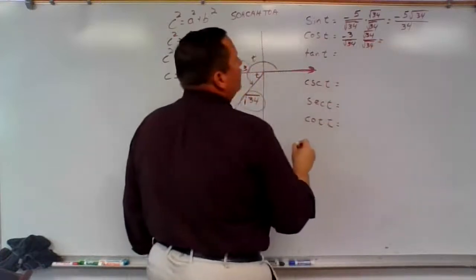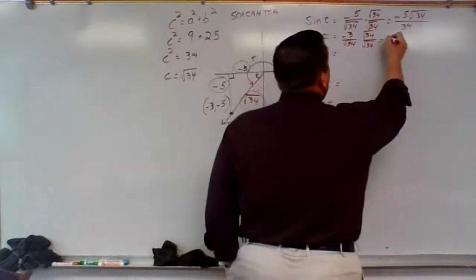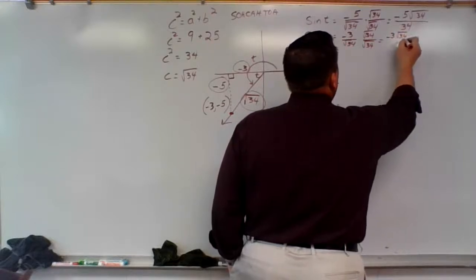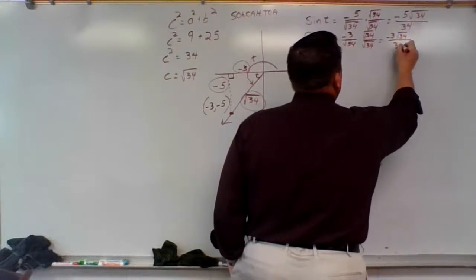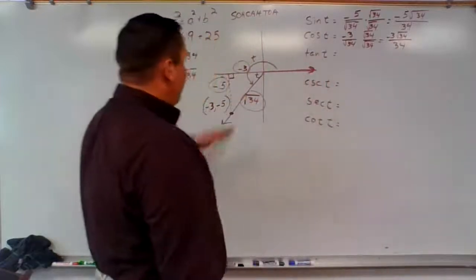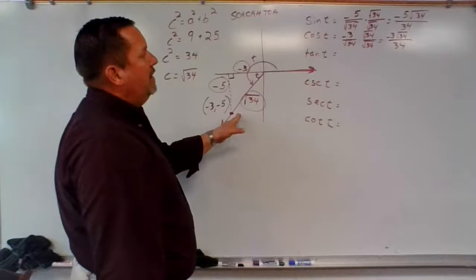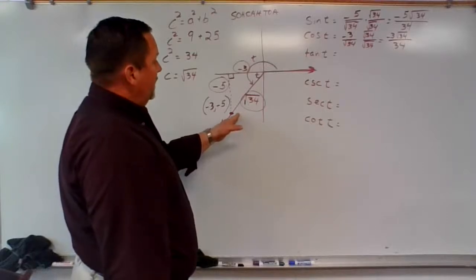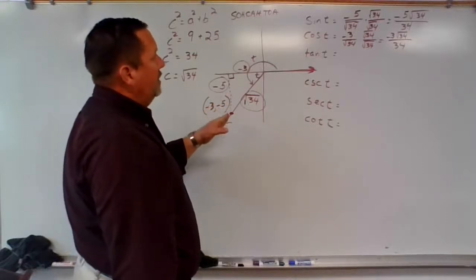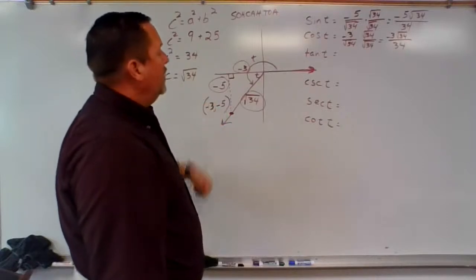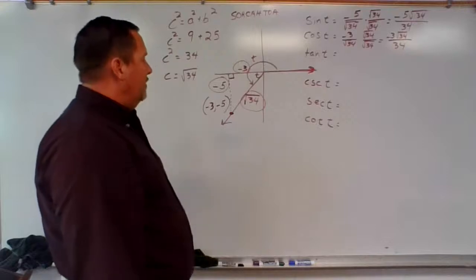Clean it up by rationalizing the denominator, negative 3 root 34 over 34. Again, in this quadrant, the x value is negative, sorry. I fully expected the cosine to also be negative.